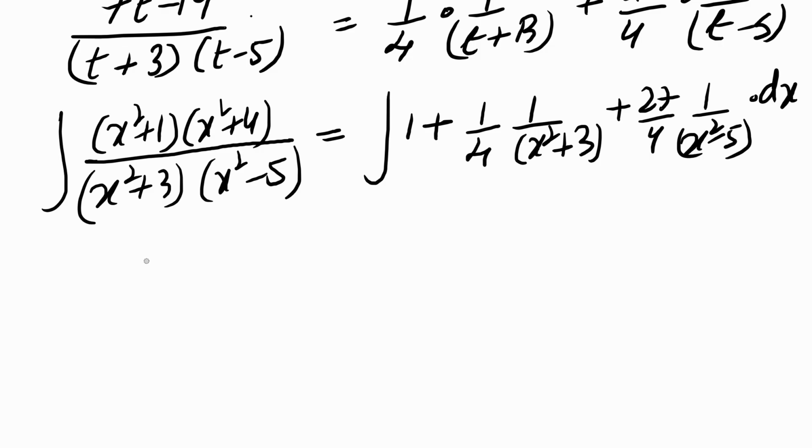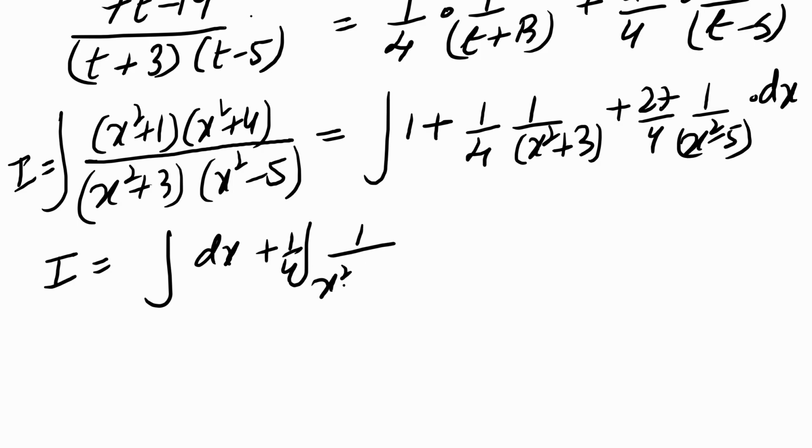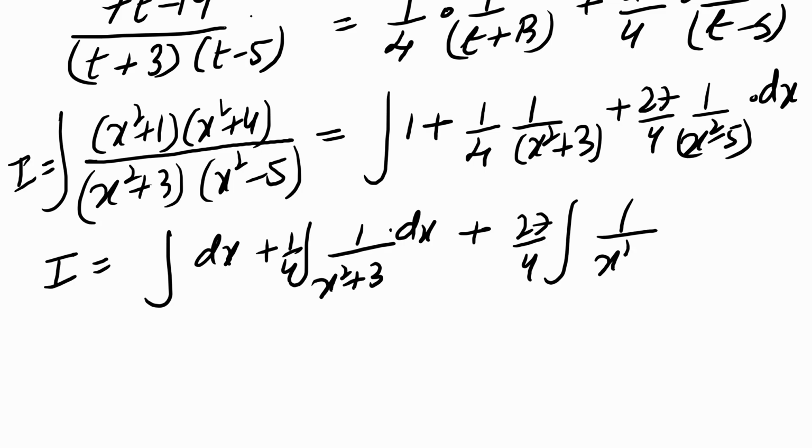So now we will solve it. We will take it into different integrations. I can write it down as integral dx plus 1 by 4 integral 1 upon x square plus 3 dx plus 27 by 4 integral 1 upon x square minus 5 dx.